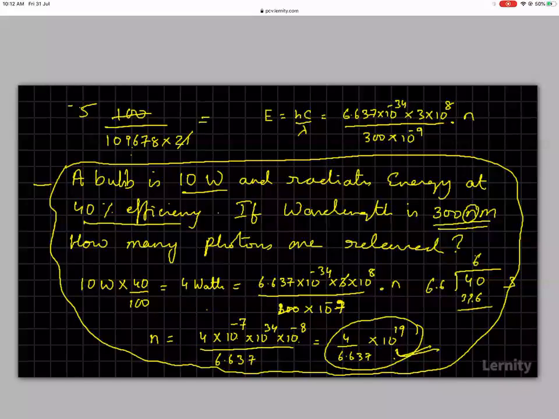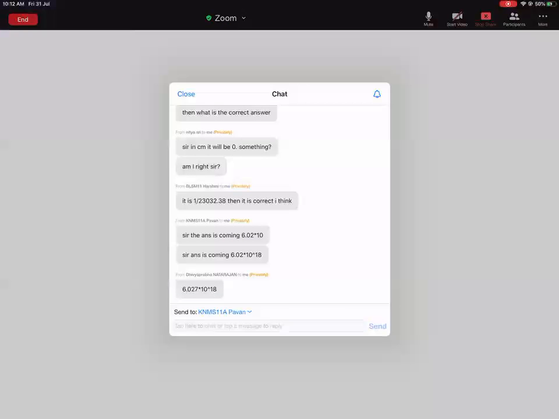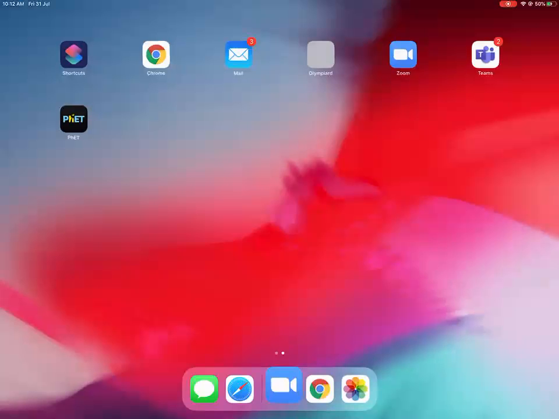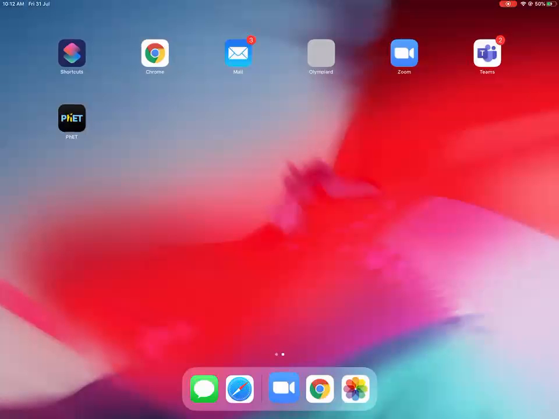So it is 39.6. So 0.4. So it will be 6.0 something. Okay. So you're correct. 6.027 into 10 power 18 is correct. Okay, so this is how you work out these kinds of questions.